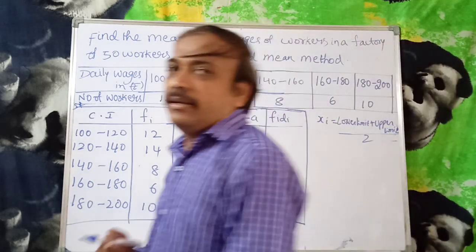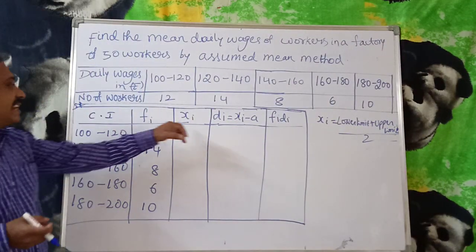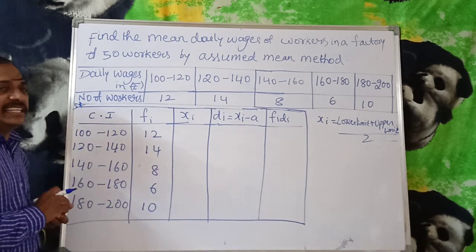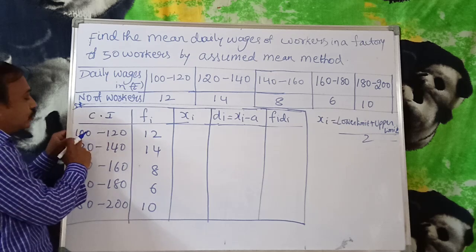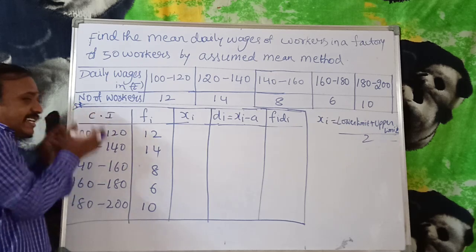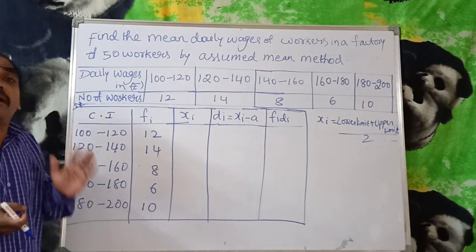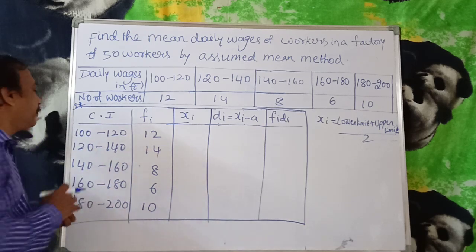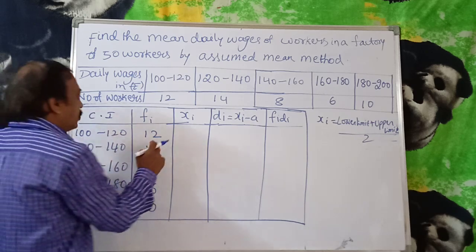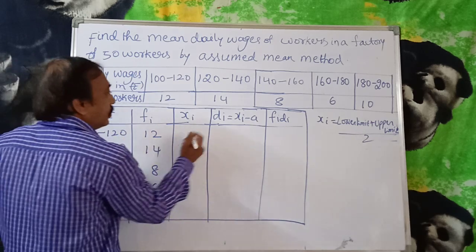Now you see here, xi is 100 plus 120, which is 220. The class size is also the same, keep that in mind. 100 plus 120 is 220 divided by 2.